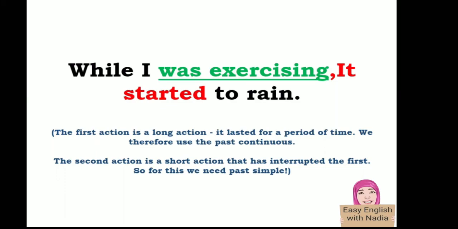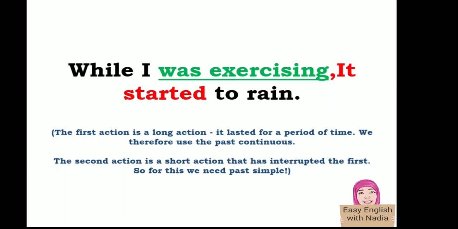The long action is an action that lasted for a period of time. That's why we conjugated the first action in the past continuous. The second action is a short action. That's why we use the past simple.